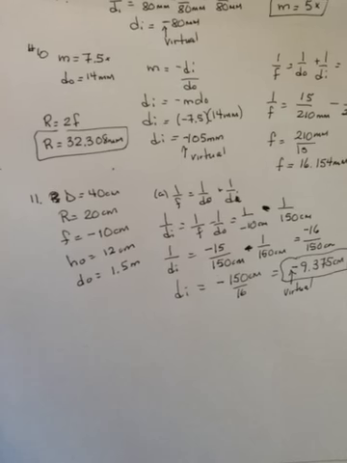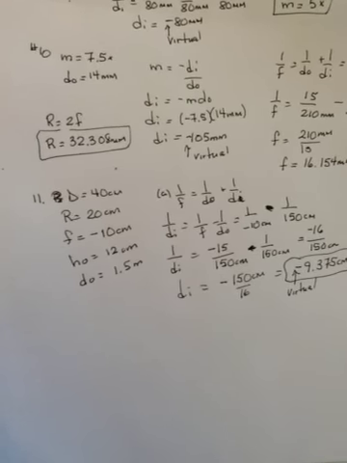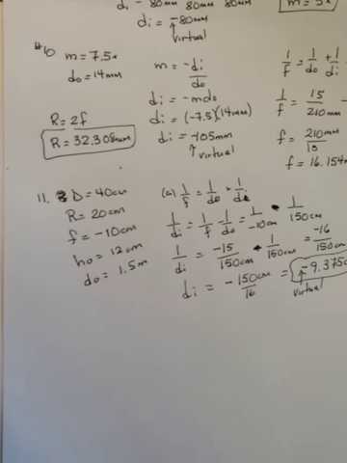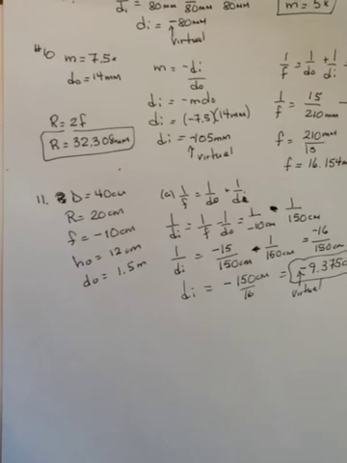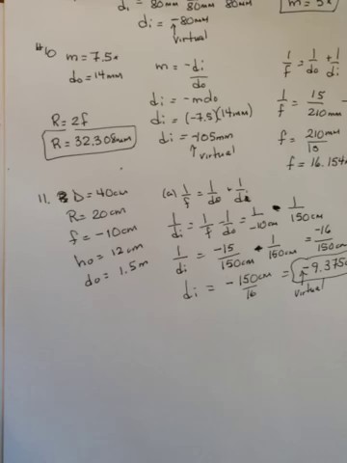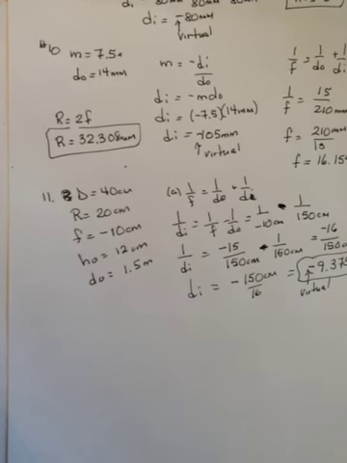All right, so then we're going to go back to page 381. And on 381, there are 4 questions there. So number 13 says, use a ray diagram to find the image position of an object 30 centimeters to the left of a convex lens with a 10 centimeter focal length.